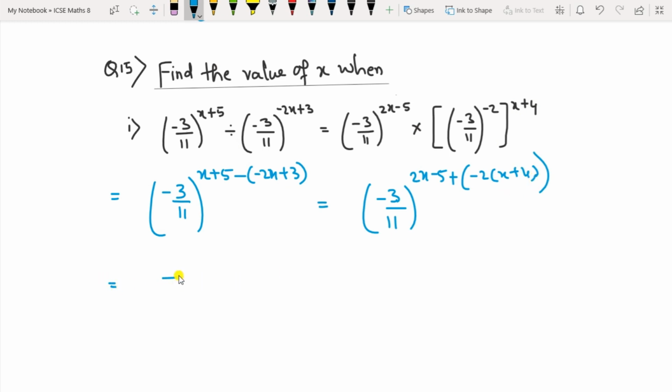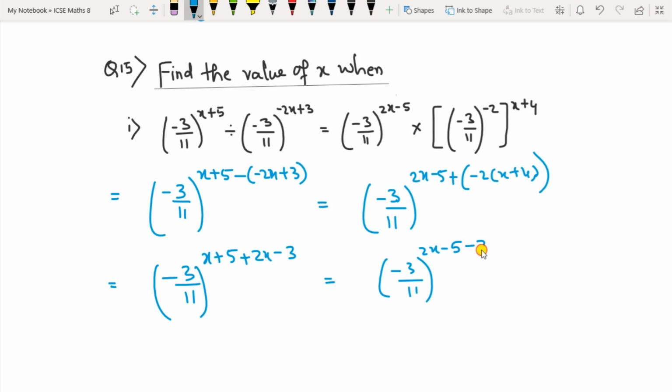So this becomes minus 3 upon 11. This is x plus 5 minus minus plus 2x plus minus minus 3, and this becomes minus 3 by 11. So 2x minus 5. Now this is outside the bracket, so multiply minus 2 inside the bracket. So this is minus 2x, and this is minus 8, plus minus is minus 8.